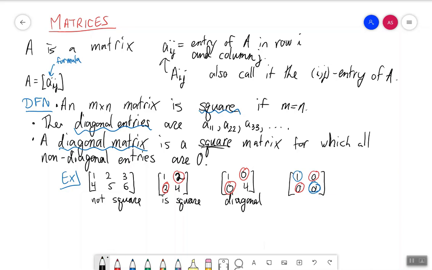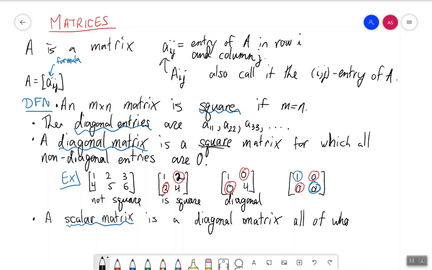One more type of matrix that I want to define is the scalar matrices. A scalar matrix is a diagonal matrix all of whose diagonal entries are the same.